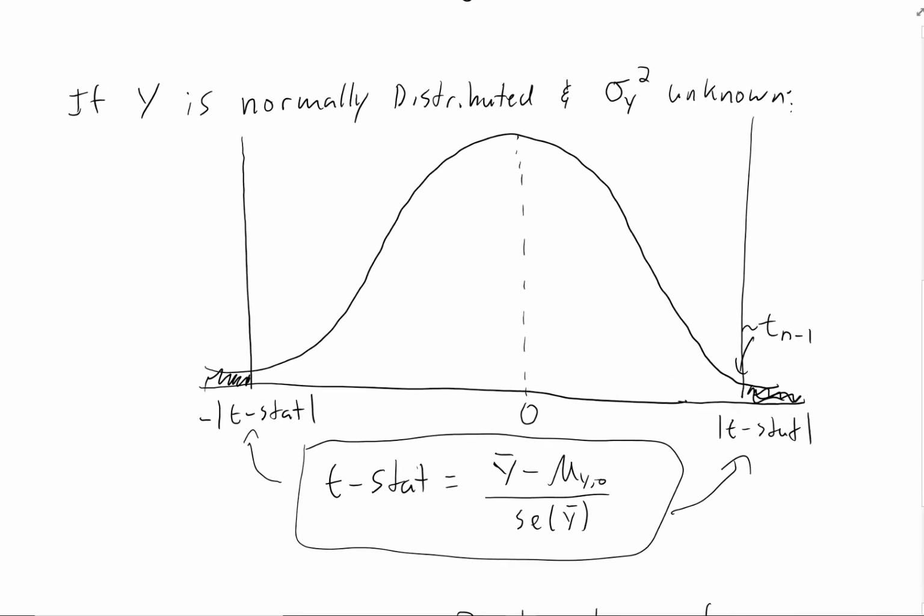Above we're assuming that y is distributed normally, but we don't know the population variance. We can go a step further and ask what happens if we don't know how y is distributed and we don't know the population variance, but we can assume that n is large.